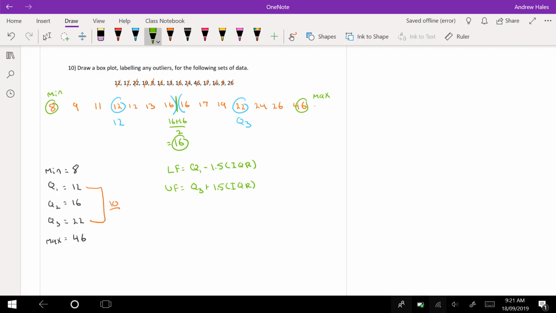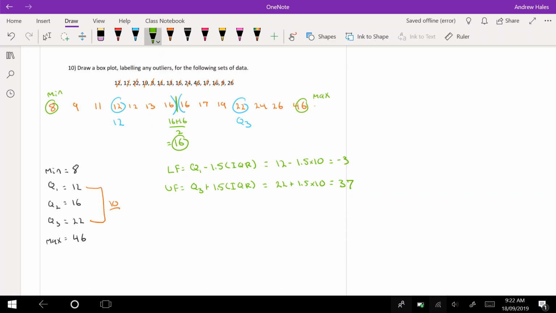So to figure out these fences, I've got 12 take away 1.5 times 10, and then I've got 22 plus 1.5 times 10. 1.5 times 10 is just 15, and so that is going to give me a -3, and that's going to give me a 37.